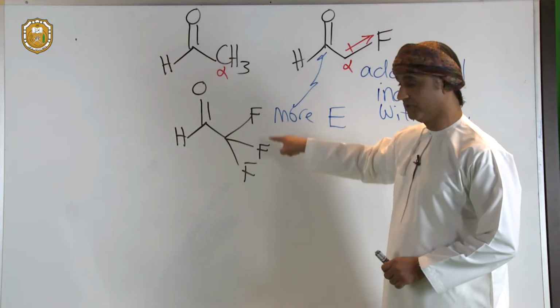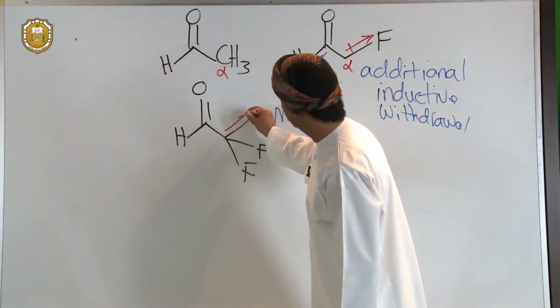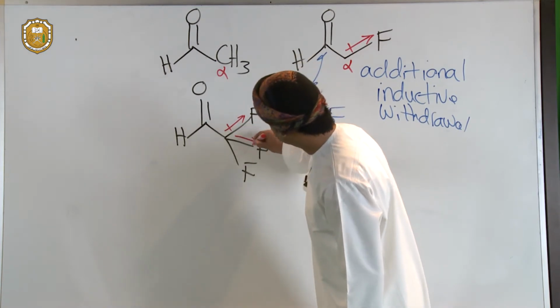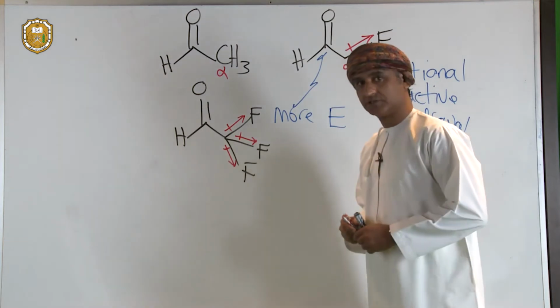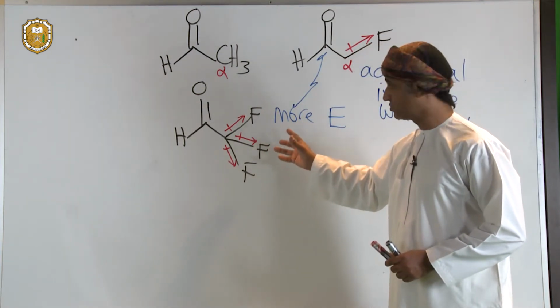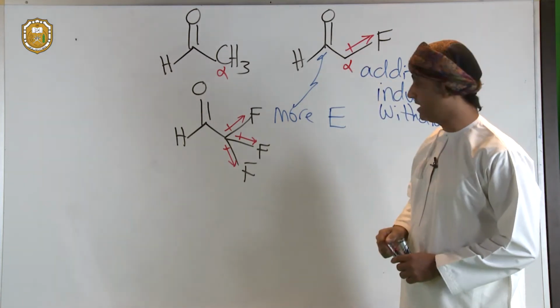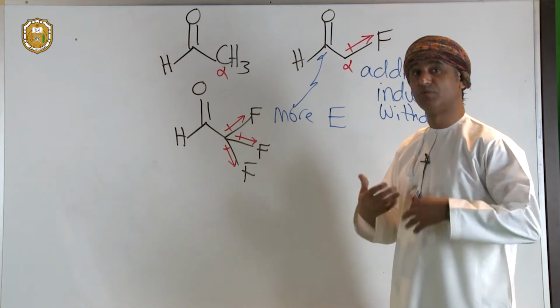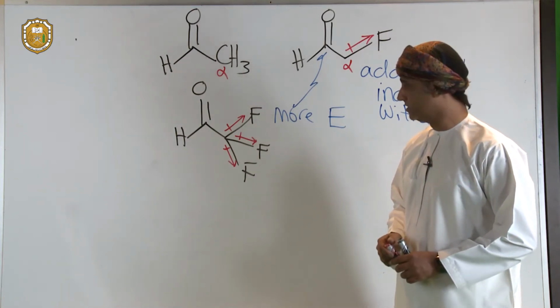Each of them would pull electrons toward itself in these bonds, like that. So this is a strong inductive withdrawal, much stronger than the inductive withdrawal which we've seen before in the second example. Now that carbon will be even more electrophilic and therefore much more susceptible to nucleophilic attack.